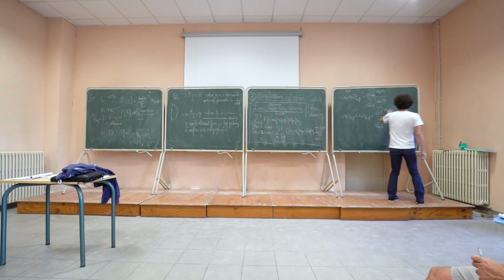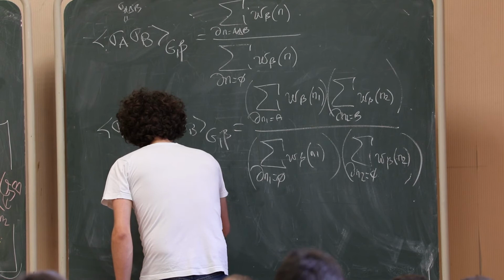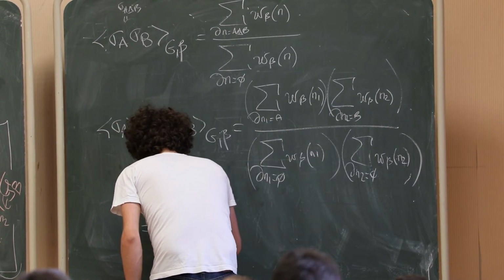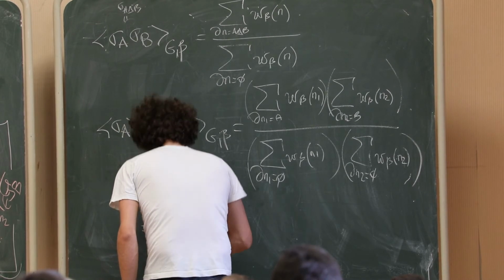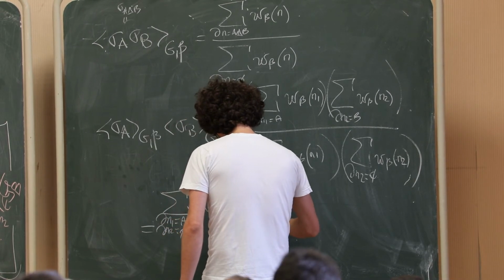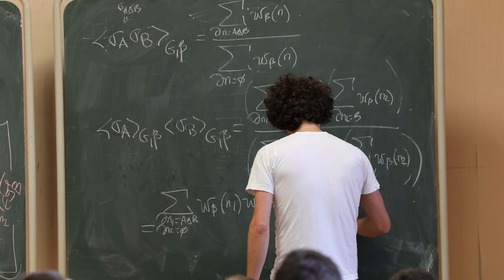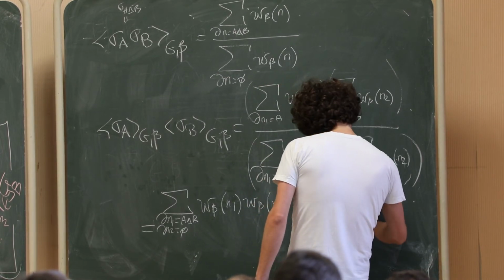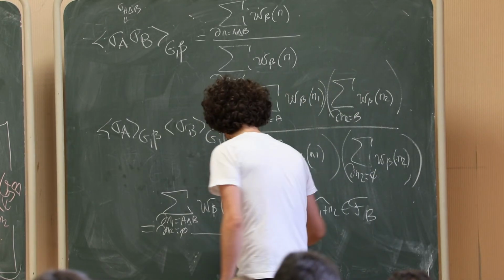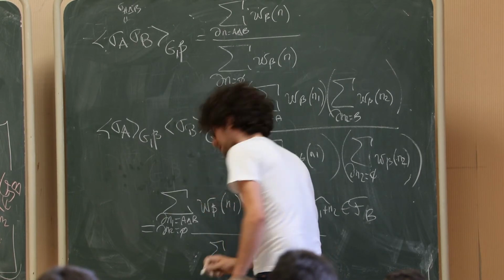So this can be rewritten as the sum over currents with sources the symmetric difference of A and B, and second currents with no sources, of W beta of N1 times W beta of N2 times the indicator function that N1 plus N2 belongs to FB, divided by the sum of sourceless times the sum of sourceless. Right?